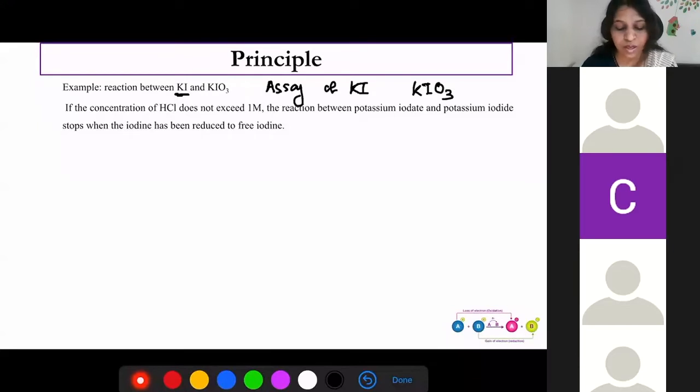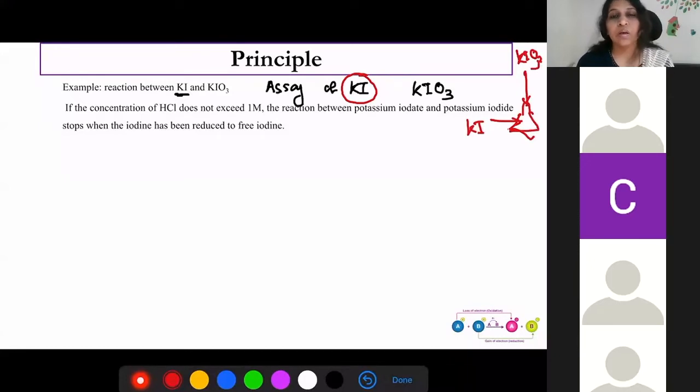So the example is the assay of potassium iodide. In the flask, you have KI, and in the burette you have KIO3.